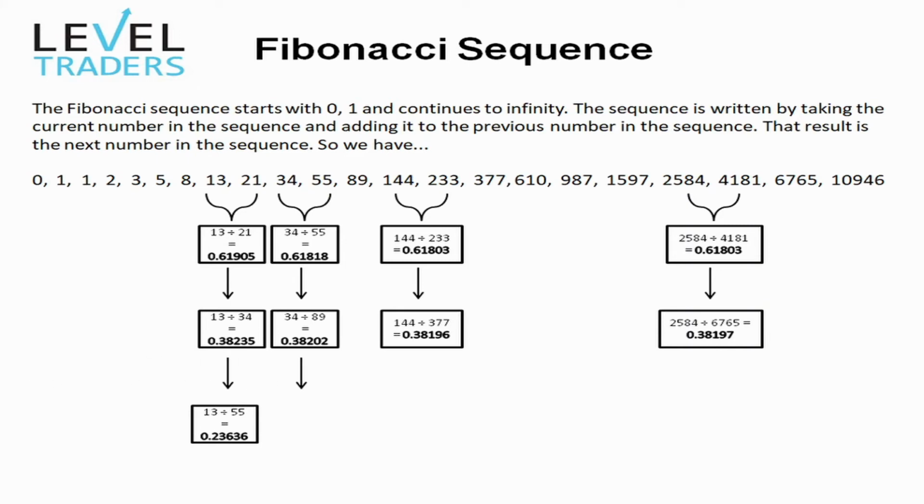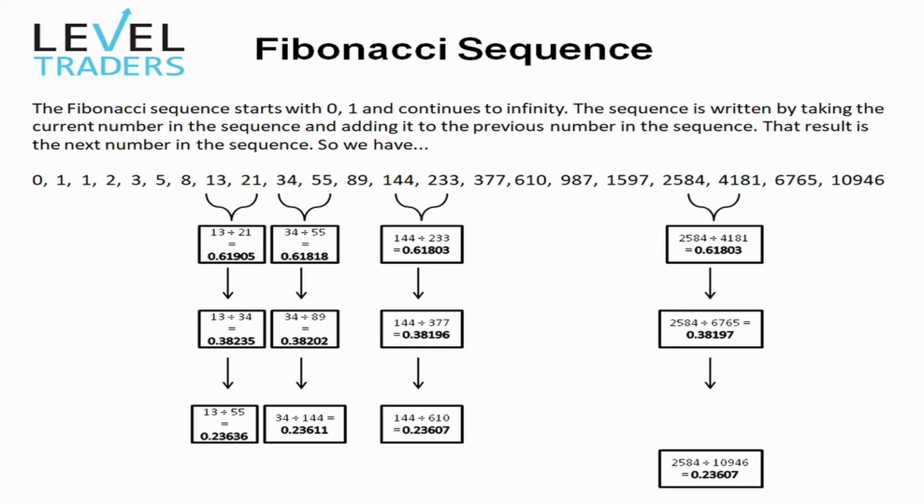If you then take 34 and divide that by 144, you get 23.6. Again, 144, divide that by 610, 23.607 this time. And you can see the further you go, the closer you get to that exact point of 23.6. So the accuracy improves as you go further down the sequence towards infinity.